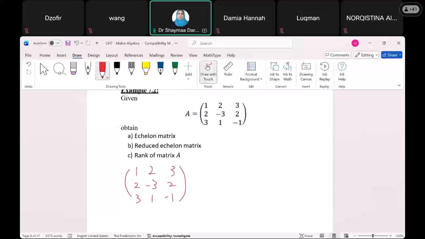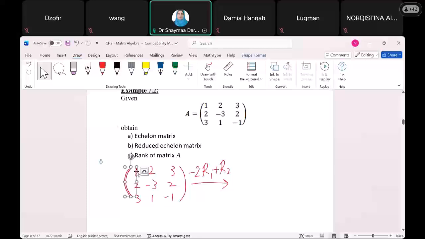How to do this? I need to use the leading 1. The first row has the leading 1. So I will multiply the first row by minus 2, adding to the second row, to convert this 2 to 0.